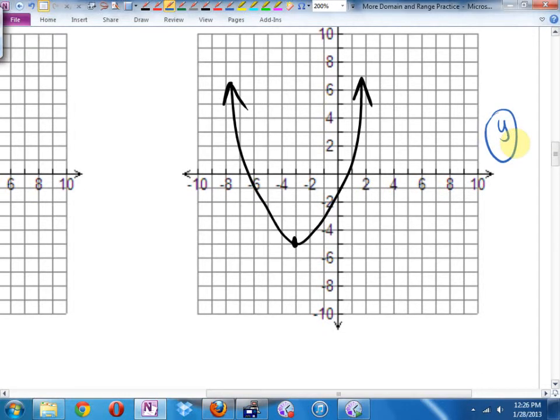Domain. Now this graph is going like this, so how far left and how far right will it eventually go? Yeah, I think this has a domain of all reals, x, funky curly e, R. What about my range?